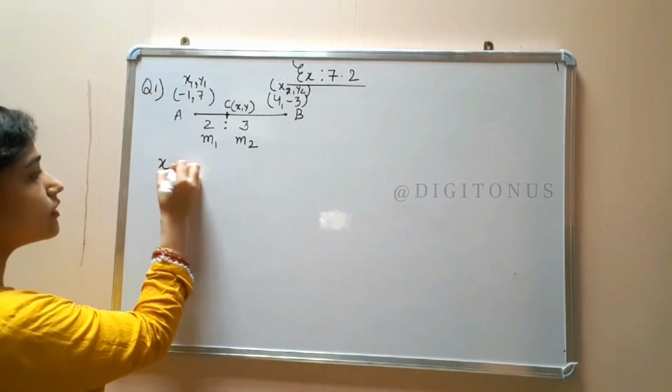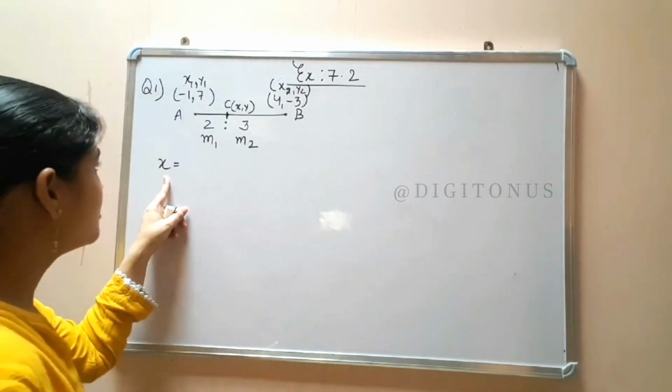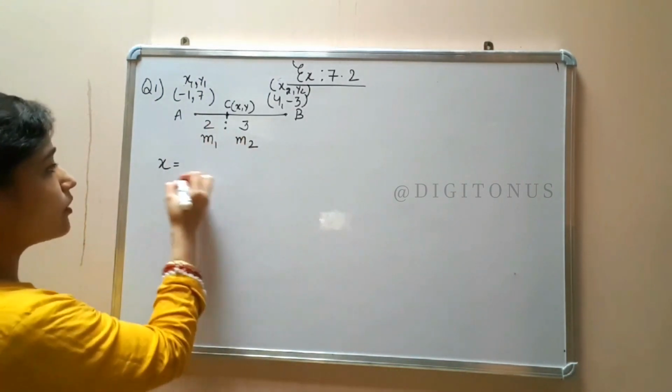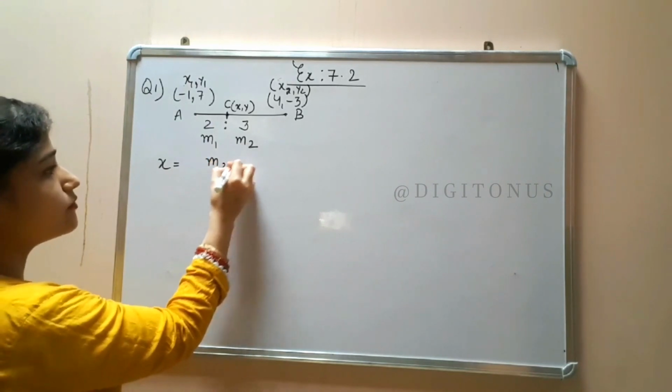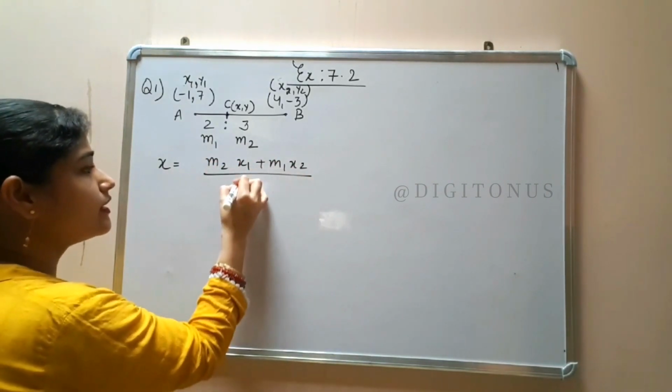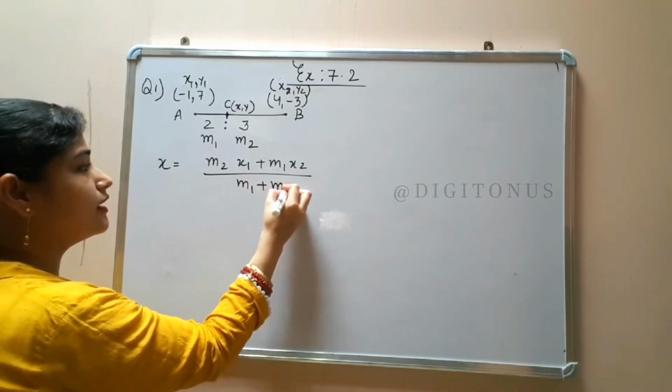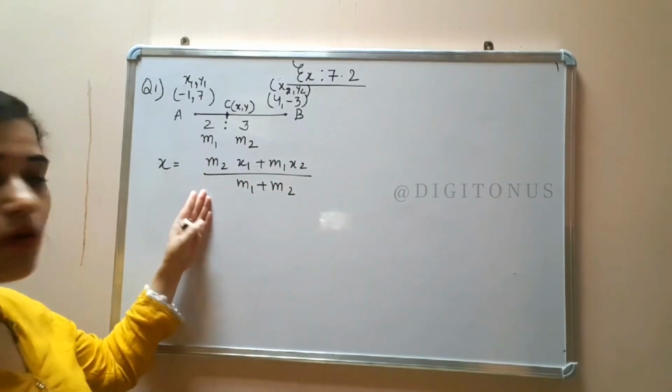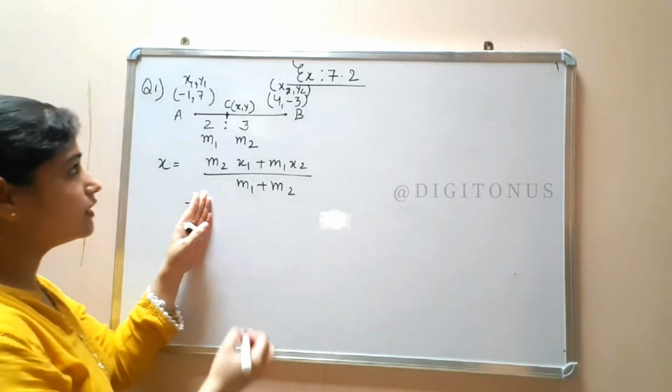What is the formula? First we are finding the abscissa value of point C. The formula is m2 x1 plus m1 x2 divided by m1 plus m2, and now you know all the values, so put in the values.